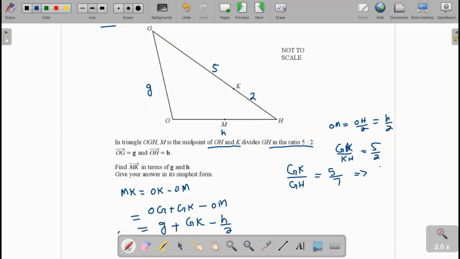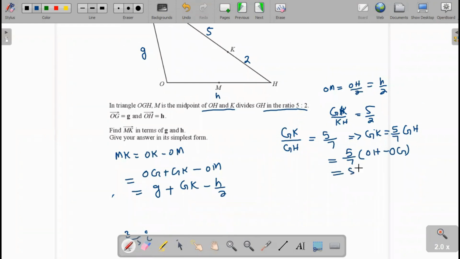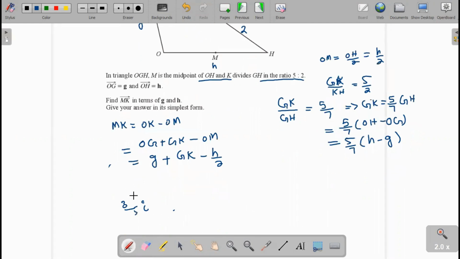Now GK can be written as 5 over 7 into GH. Now GH can be written as OH minus OG. Therefore, in terms of h and g, the position vector OH is small h and OG is small g. Therefore, we can write OG, g, plus GK, and GK will be equal to 5 over 7 into (h minus g), minus h over 2.